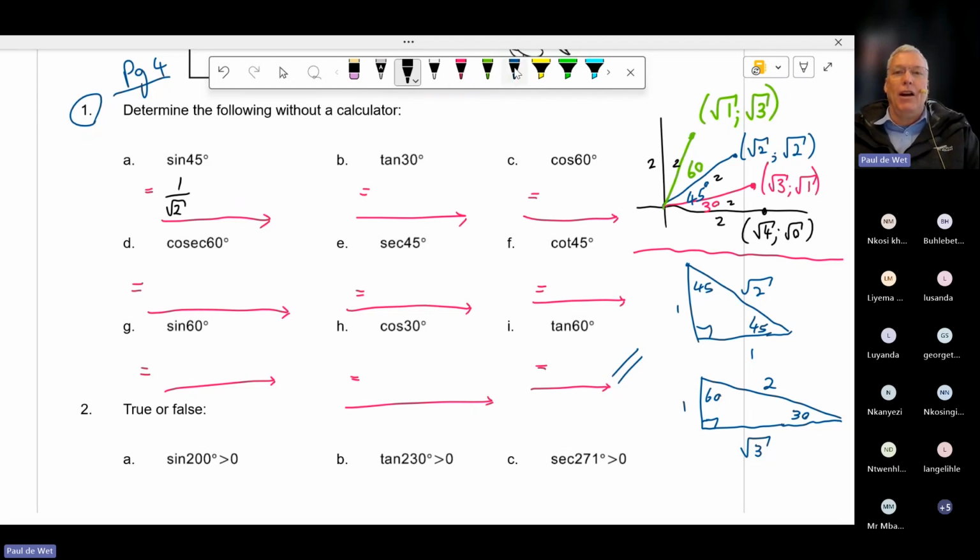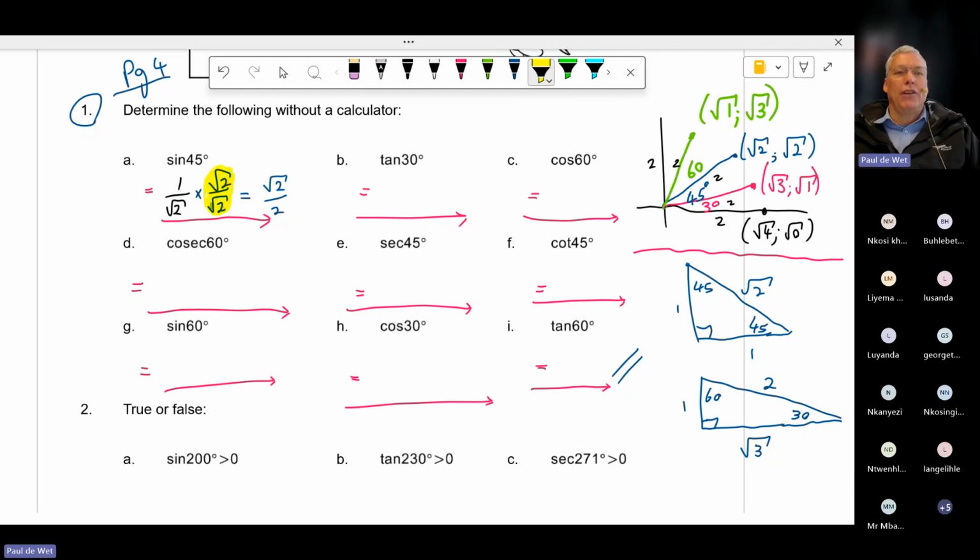Can anyone tell me, how do I show that 1 over root 2 is the same as root 2 over 2? What do I do? I multiply by 1, the square root of 2 over the square root of 2. This here is 1.